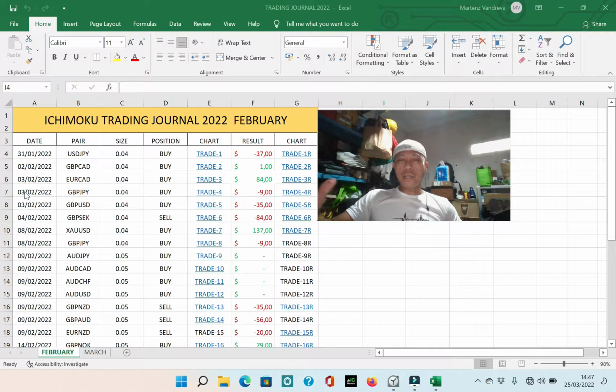The reason why I only give it to you now is because some of the positions that I opened in February kept floating until the month of March. I think there were 3 or 4 pairs, floating in profit for almost a month.